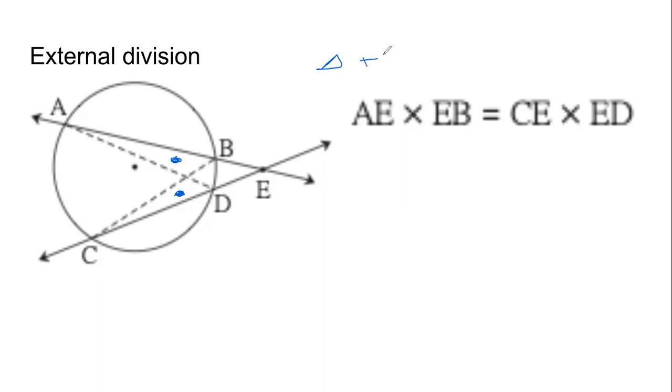Triangle ADE, from which we can get AE and DE, and triangle CBE, from which we can get DE and CE.